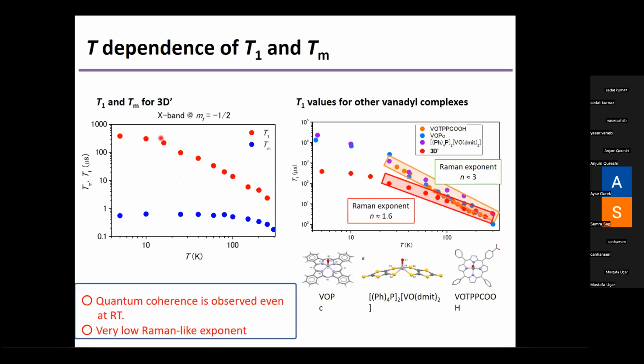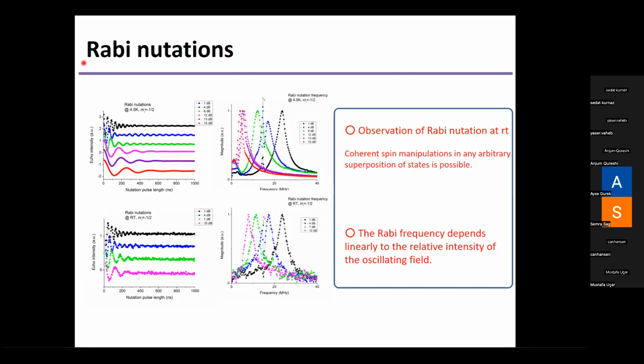So this is the result for the 3D MOF. You can see we observe quantum coherence even at room temperature. And we also measured the Rabi nutation. Usually the Rabi nutation is detected by pulsed EPR echo, and usually it is observed only at very low temperature, 4.5 Kelvin.